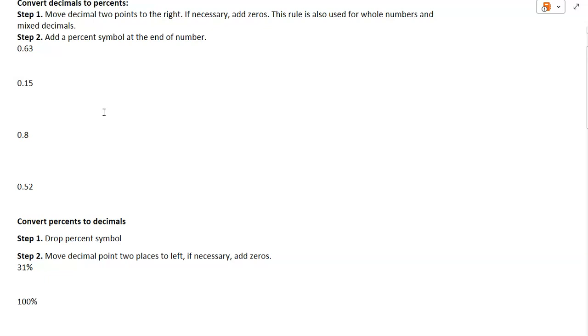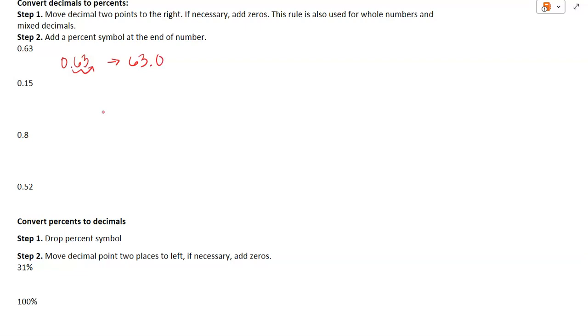It's really easy. The first step is to move your decimal point 2 places to the right. If necessary, add zeros. And the second step is to simply add a percent symbol at the end of the number. So if we have 0.63 as our decimal, we're going to move our decimal place 2 over to the right, and that becomes 63 point.